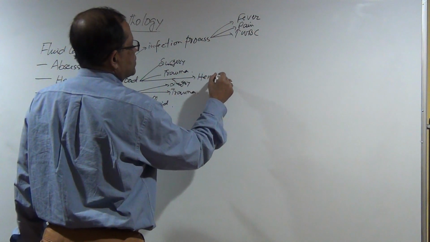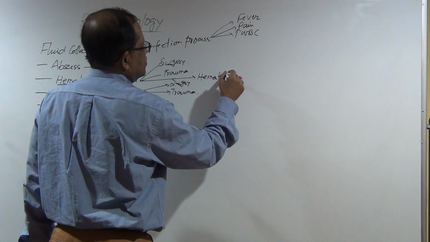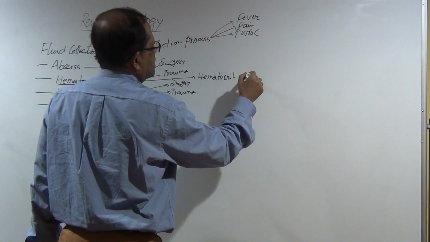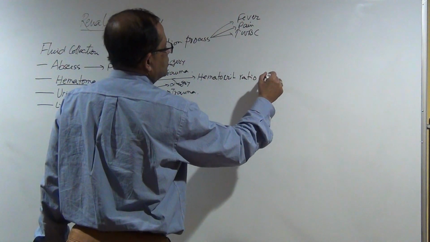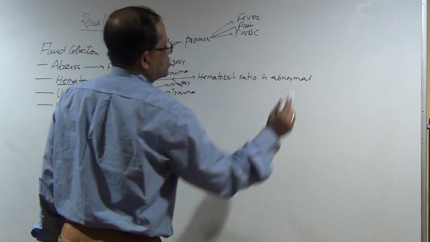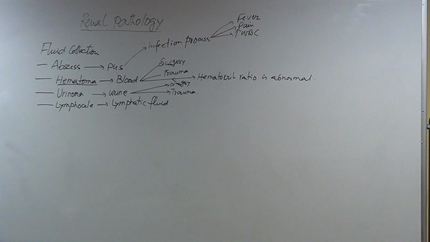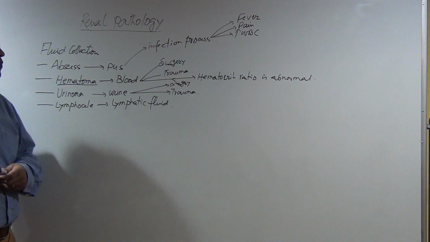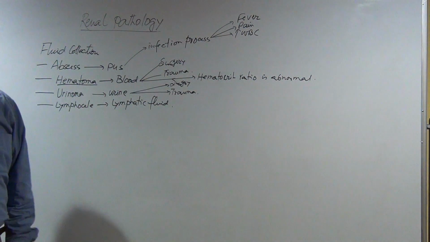The hematocrit ratio is abnormal due to blood loss. Patient will be anemic, right? If there's a huge amount of blood loss. Yes. Urinoma, history of surgery and trauma.